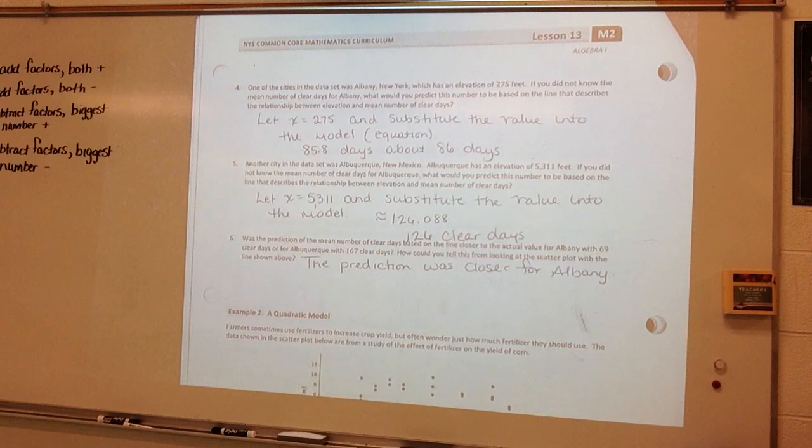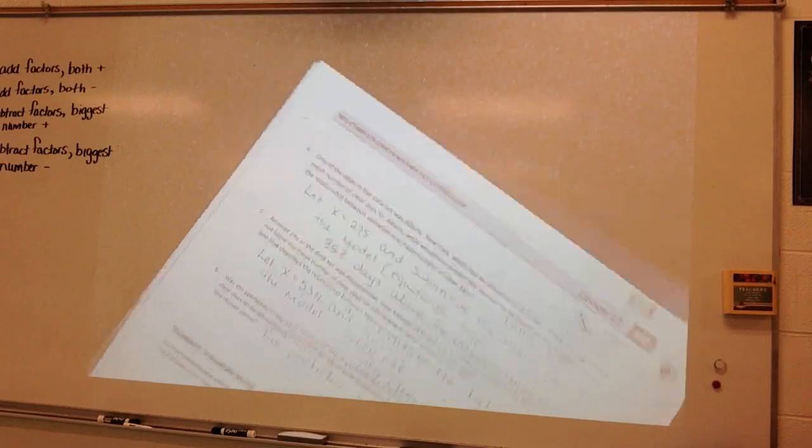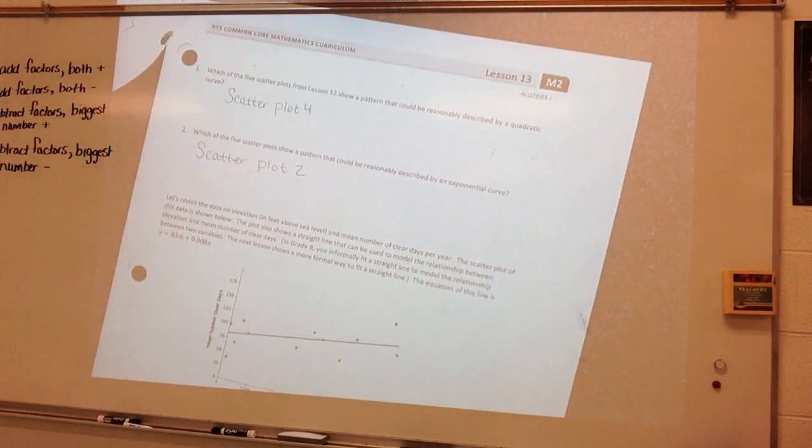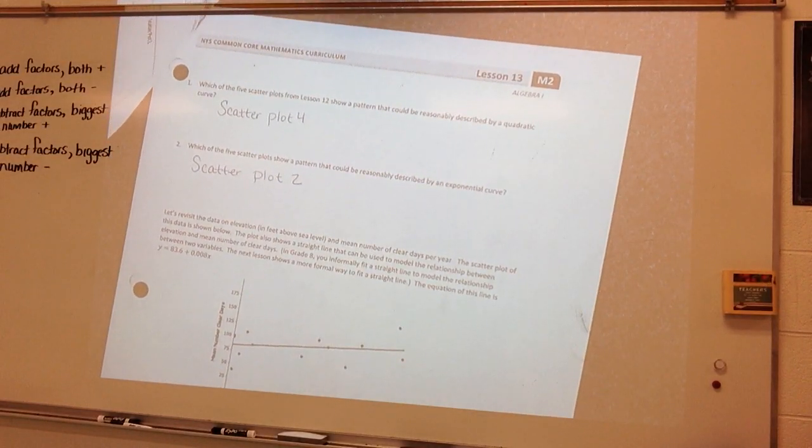How could you tell this from looking at the scatter plot with the line shown above? The distance from the predicted point on the line to the point representing Albany shows a smaller distance than the point corresponding to Albuquerque. So I could go back and look at my points.